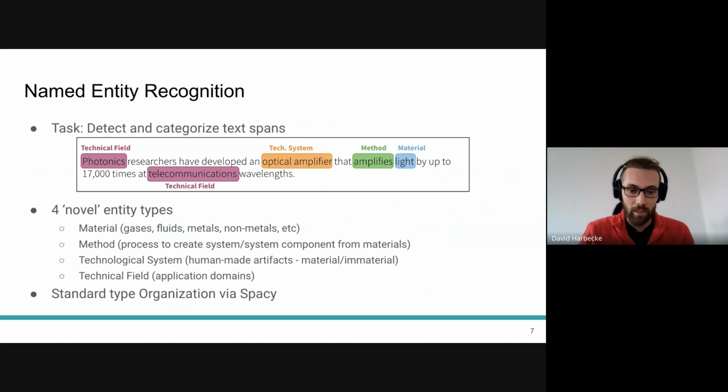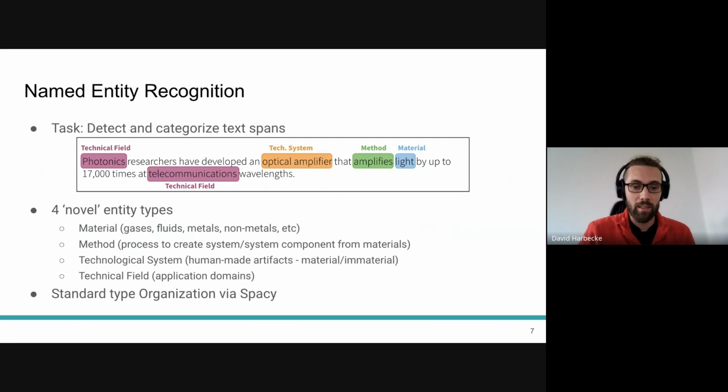It's just basic input. Method is the process of transforming something, usually taking materials. Technological systems are everything that is produced, artifacts, and technical fields are the domains or buzzwords that are operated in.